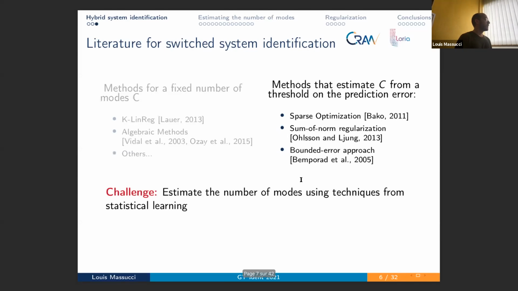And there are other methods where we need to fix a threshold on the prediction error in order to estimate the number of modes C. So the challenge of this talk is to show that we can use statistical learning techniques to estimate the number of modes.